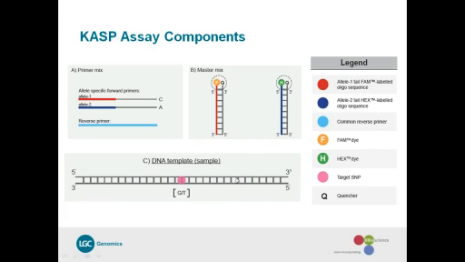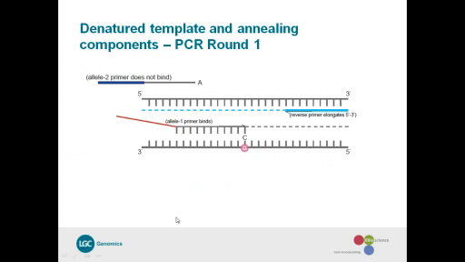And then the third component obviously is your sample DNA. And here we're showing a particular SNP location where it's either a G or a T in that location. So in the first round of PCR, you have your two forward primers that are competing.